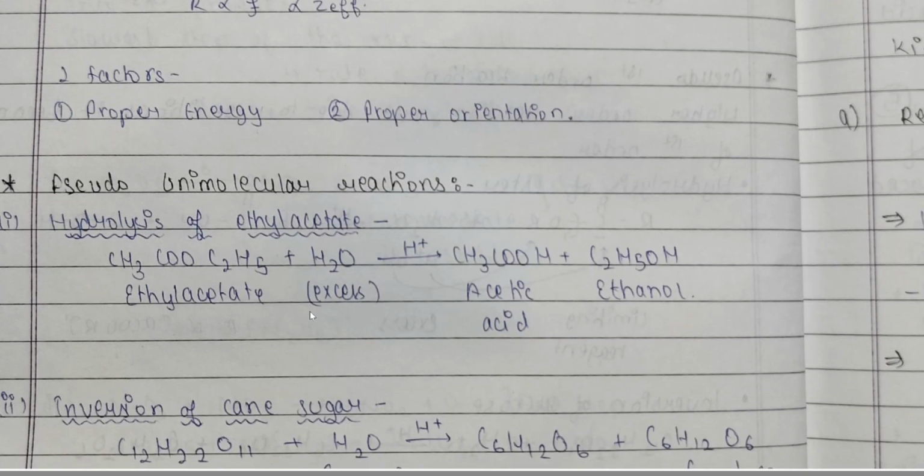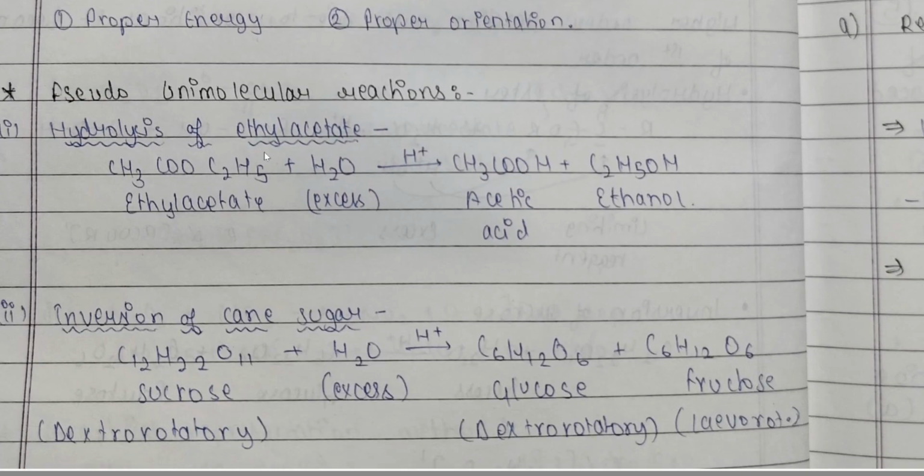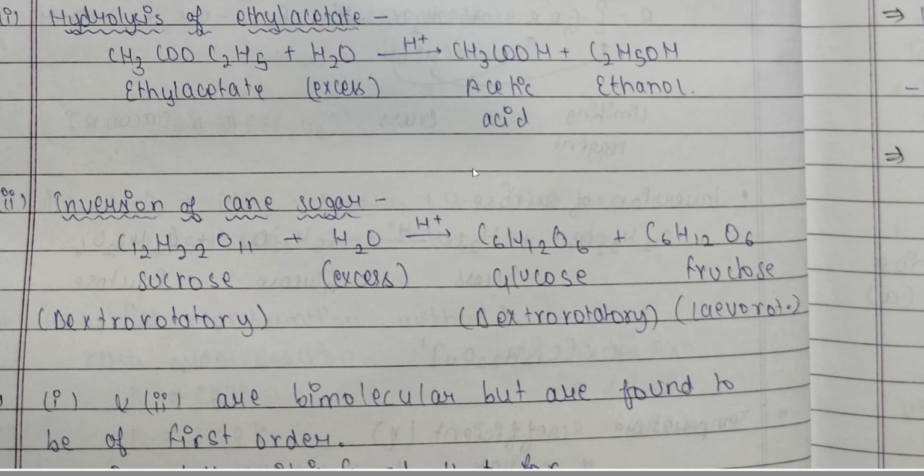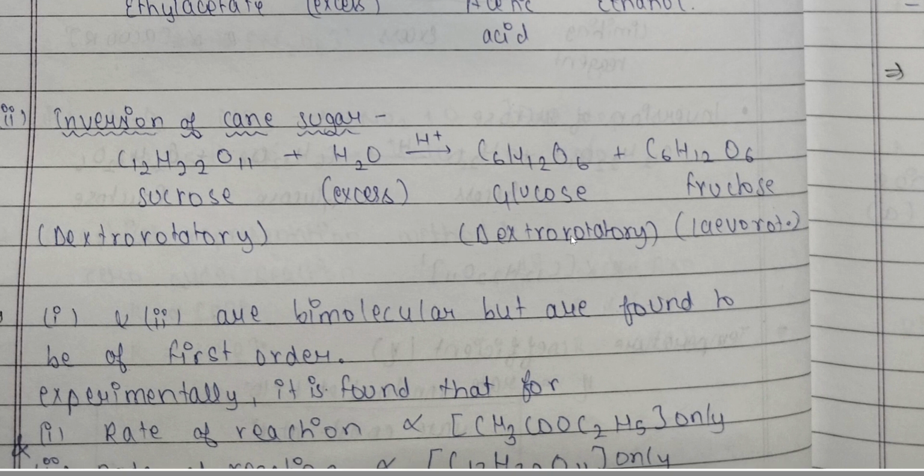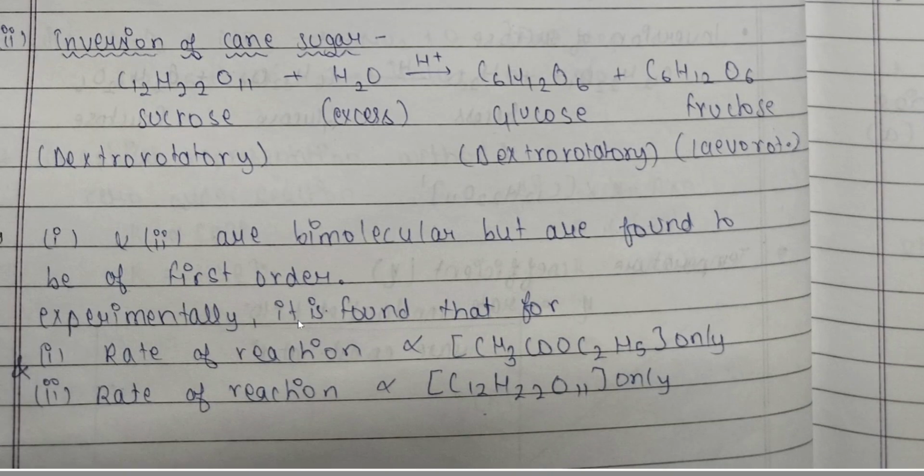Pseudo unimolecular reaction: hydrolysis of ethyl acetate, CH3COOC2H5 plus H2O gives CH3COOH plus C2H5OH. Inversion of cane sugar: C12H22O11 plus H2O gives C6H12O6 plus C6H12O6, glucose and fructose. The first and second are bimolecular but are found to be of first order.